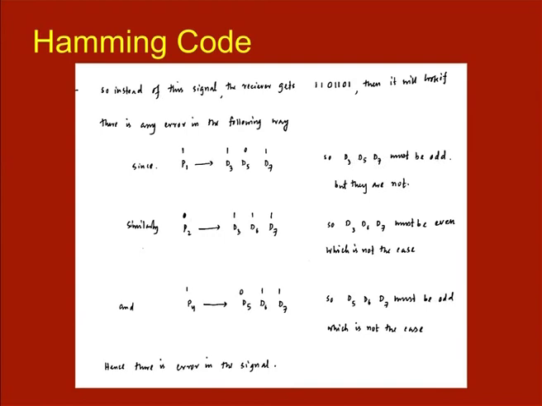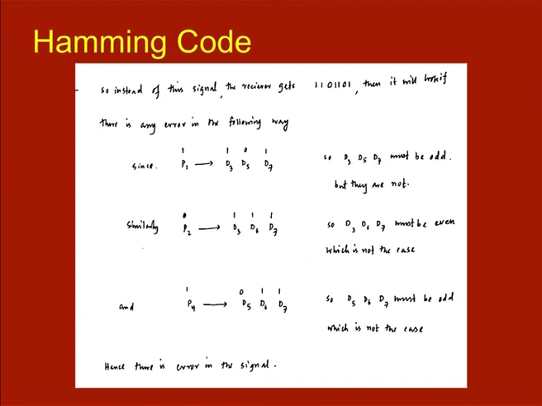Now, instead of this signal, the receiver gets 1, 1, 0, 1, 1, 0, 1. Then it will look for errors in the following way, because the signal that we wanted to send is different from the signal that reaches the receiver. What is happening is that in between the transmitter and the receiver, some noise is included with the signal, which modifies one or more bits.